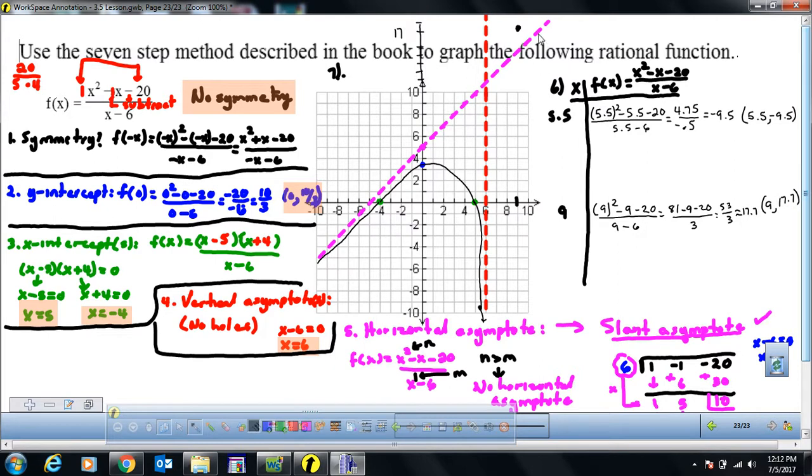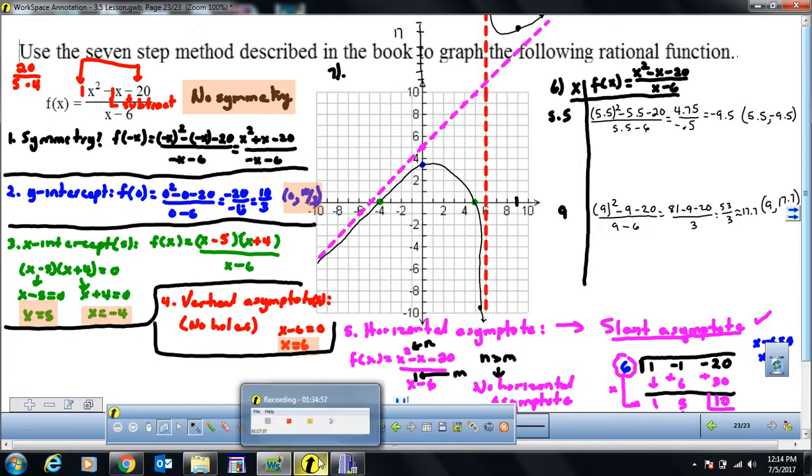What about from the top? The graph is going to keep getting closer and closer to this slant asymptote here, and then it's going to keep getting closer and closer to that vertical asymptote. These are the two pieces of the graph, the left side and the right side. Okay. And this concludes section 3.5, which is rational functions and their graphs.